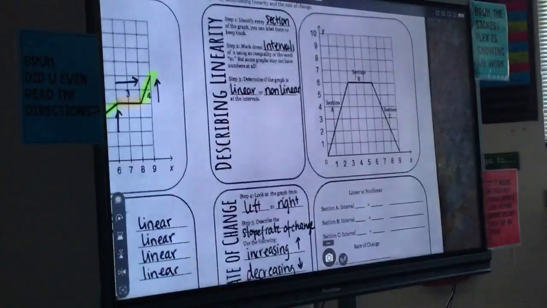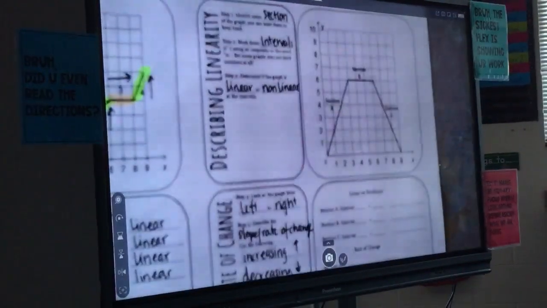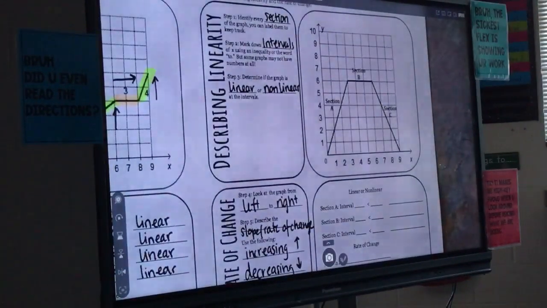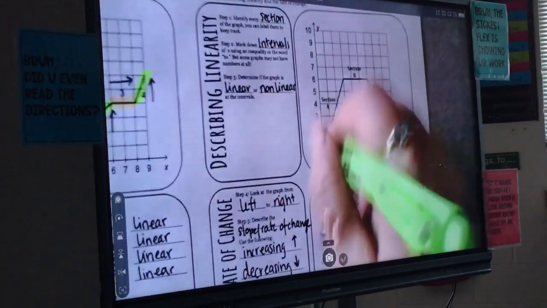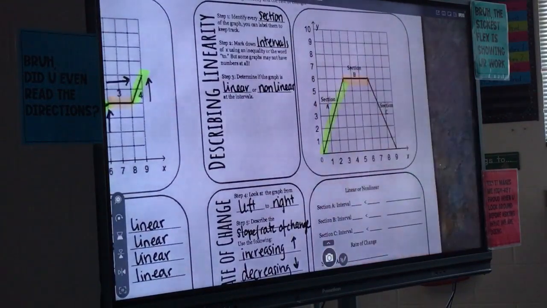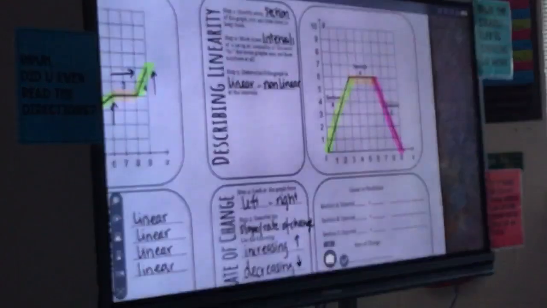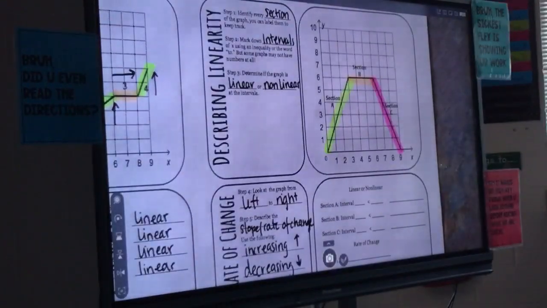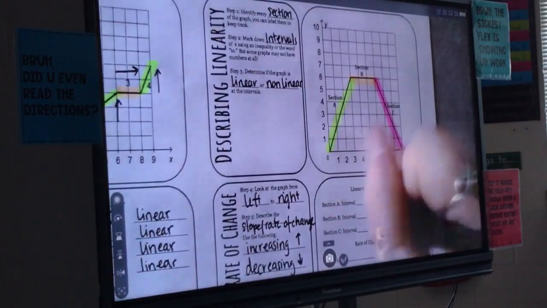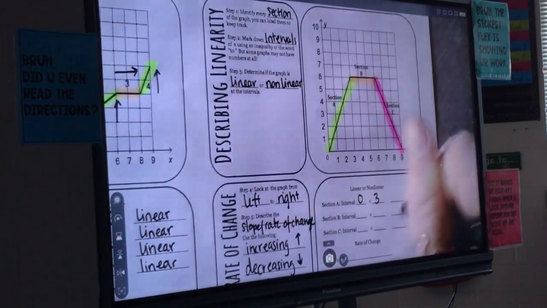All right. Last graph. All right, Soraya. Section A is increasing. Section B is constant. And section C is decreasing. All right. Brielle, give me my intervals, please. For section A, it's 0 to 3. Section B, it's 3 to 6.